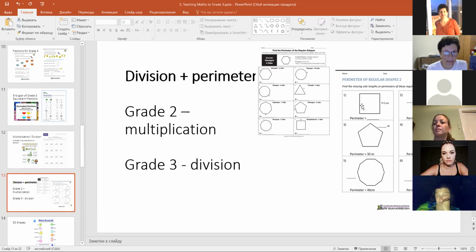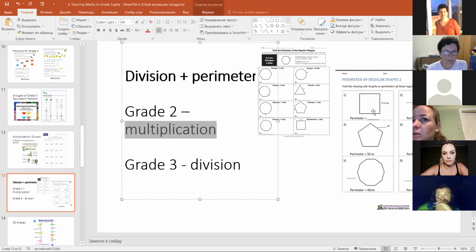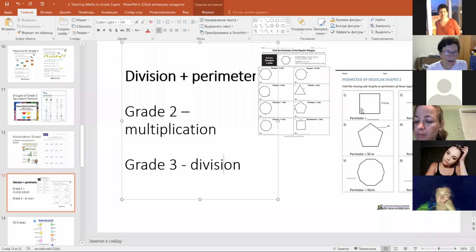For shapes with equal sides, the tasks may be based on multiplication, when we have one side and have to multiply, but this is a difficult task, or on division, when we have the perimeter and have to decide how much one side is. Like if the perimeter is 30 meters, then we divide 30 by 5 and get 6.